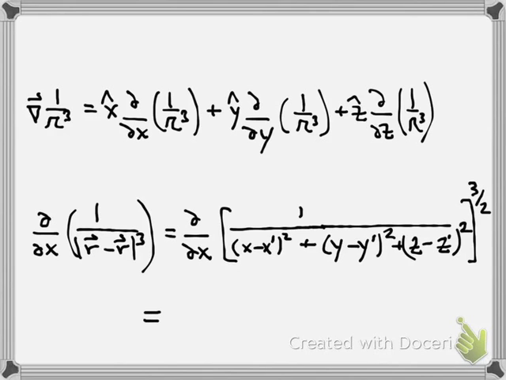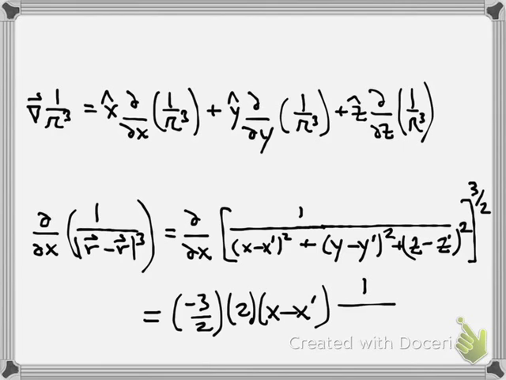That's going to equal, taking the derivatives, minus 3/2 times 2 times x minus x prime, all times the whole thing above, to the 5/2, which is going to be 1 over script R to the 5th.